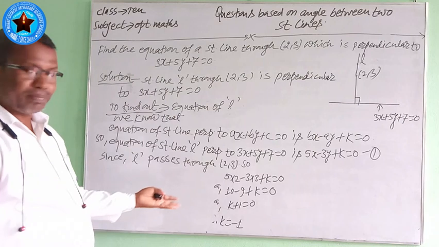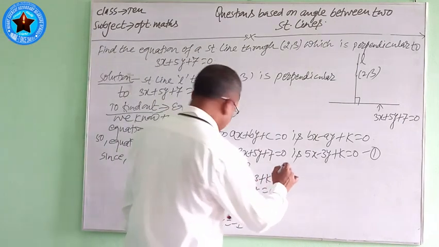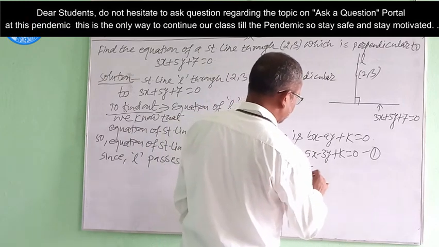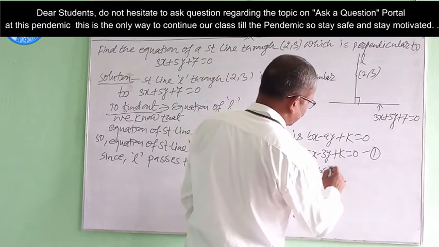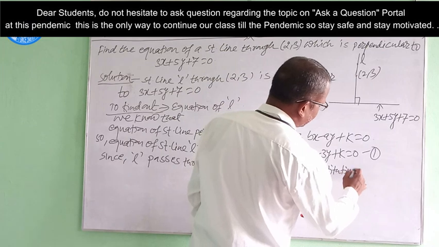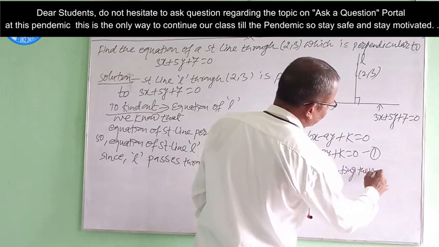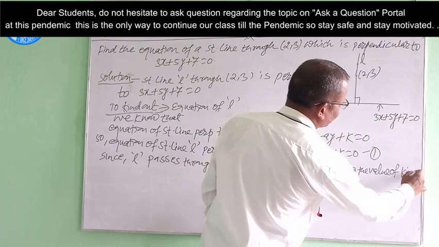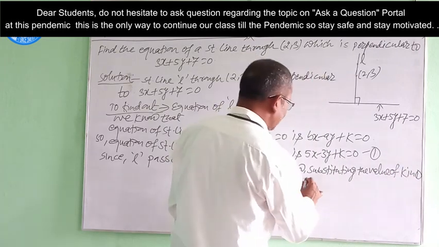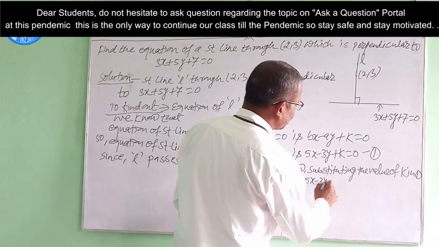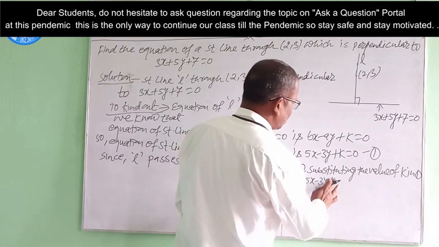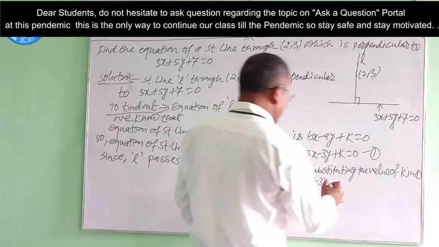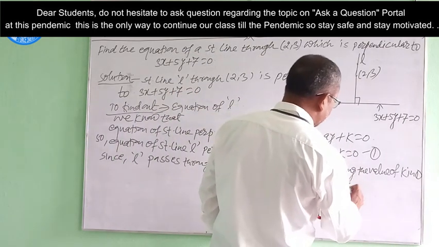We have got the value of k. Now substituting the value of k in equation 1, we get 5x minus 3y, and the value of k we have already got, minus 1, equals 0.